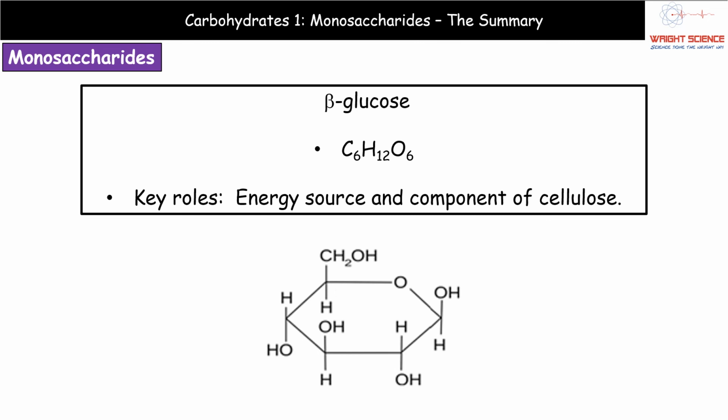Beta glucose, same formula, still glucose, C6H12O6, still an energy source, but this time the beta glucose is a component of cellulose. Make sure you learn which glucose isomer matches which polysaccharide, because again, this could be a nice easy question just from a recall perspective.